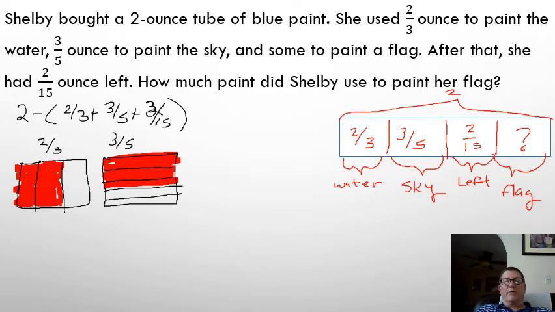Now we're going to combine our models. Take my fifths to my thirds. Here's 1, 2, 3, 4, 5, and my thirds to my fifths.